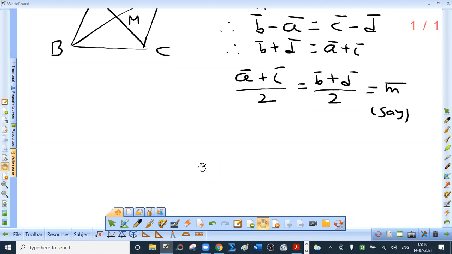That is, they have the same midpoint. Therefore, the position vectors of these midpoints are equal.